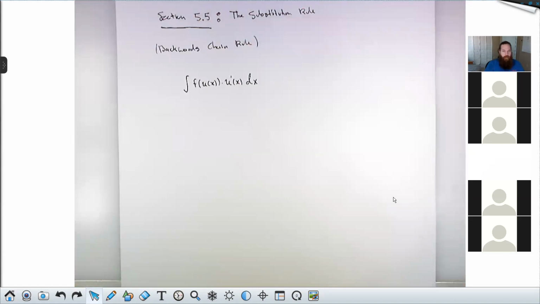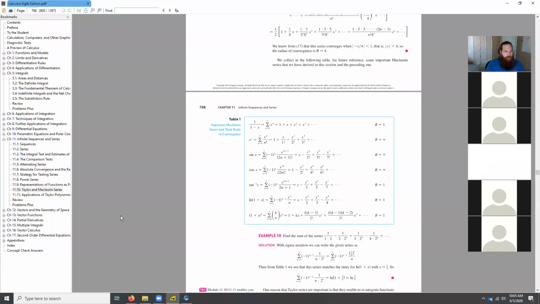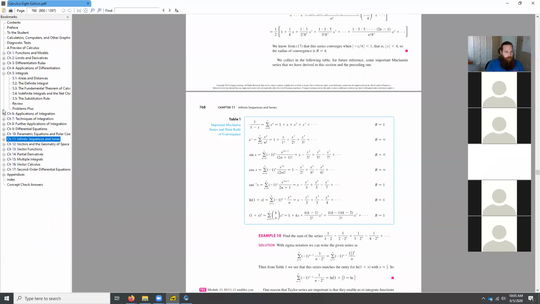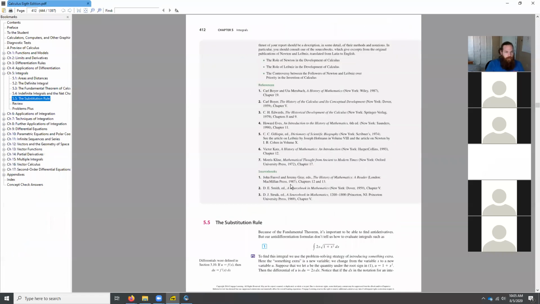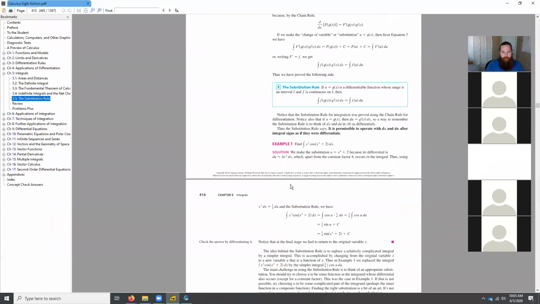A chain rule derivative. I want to write it how your book writes it. I don't want to make this any more confusing than it needs to be. So they use a g. f of u, okay. They're saying if u is g of x differentiable in the interval I, then, yeah, that's not really helpful, is it?